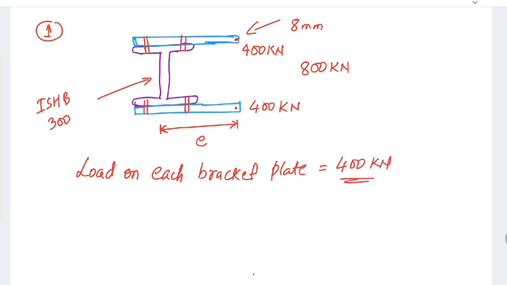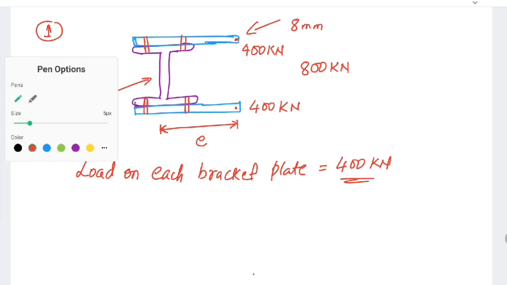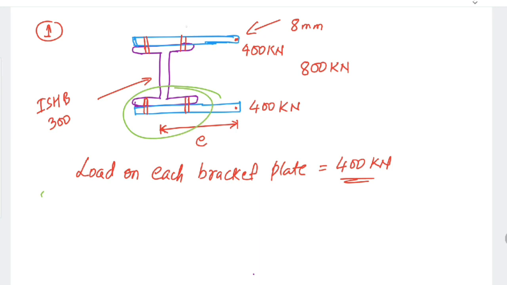That needs to be considered for our connection. Once I design one connection, the remaining will be the same because the load is the same, the eccentricity is the same, everything will be the same. Here I will be finding the moment as well as eccentricity, bolt value, everything.